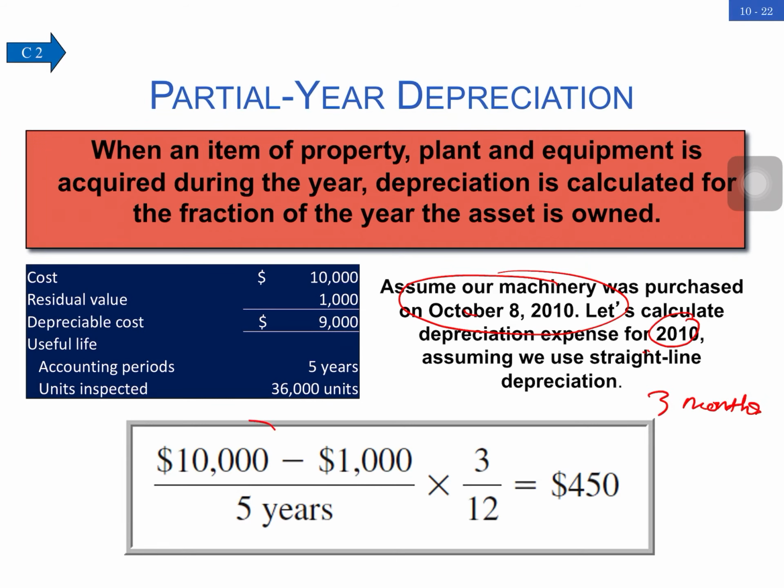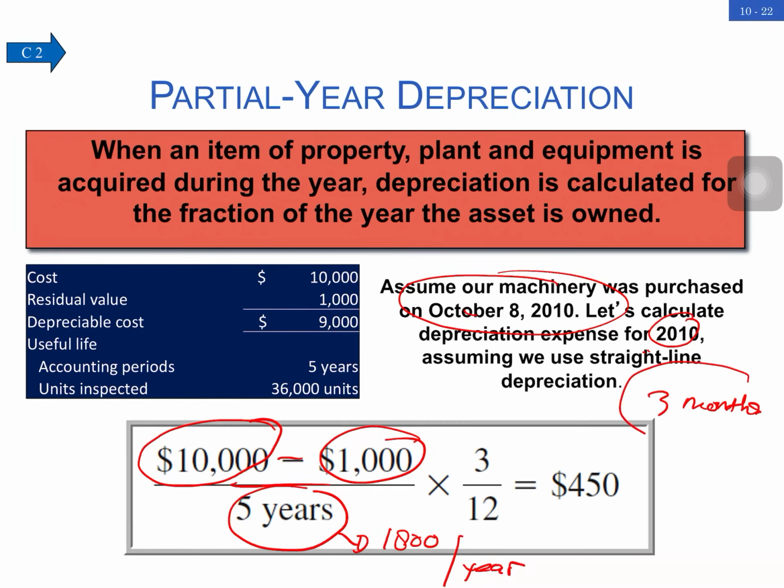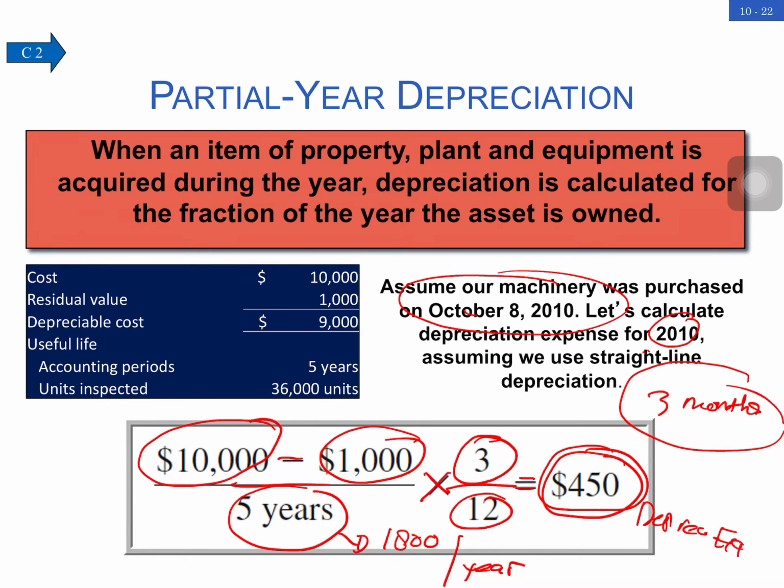Okay, so you calculate 10,000 minus 1,000 divided by 5 years. This is 1,800 per year, right? But you only use the machine for 3 months, so you multiply by 3 months divided by 12 months, and then you get 450. So you will record this one as the depreciation expense. Okay.